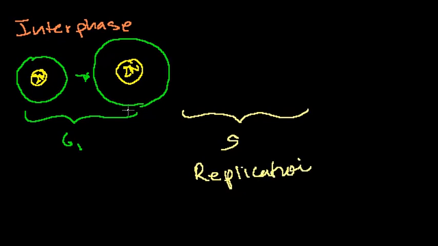If I were to zoom in on the nucleus during the S phase, let me start with some organism that has two chromosomes. Let's say that at the beginning of S phase, and I'll draw things as chromosomes just to make it clear that things are being replicated, it has this chromosome right here, and then this chromosome right here.